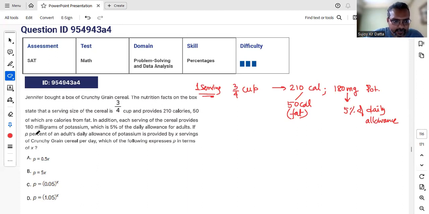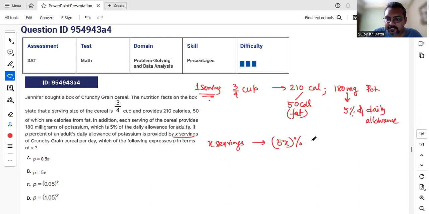Now, what is it saying? If P% of the adult's daily allowance is potassium, okay, P% of the allowance of potassium is provided by X servings. So that means if one serving gives you 180 milligrams, which is like 5%, then X servings is definitely going to give you 5X percent.